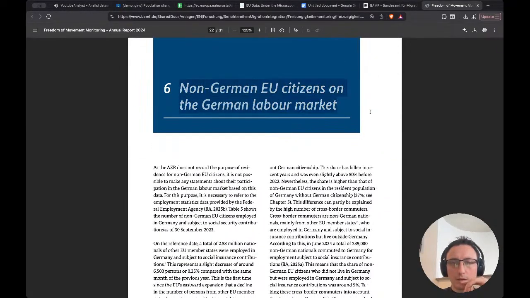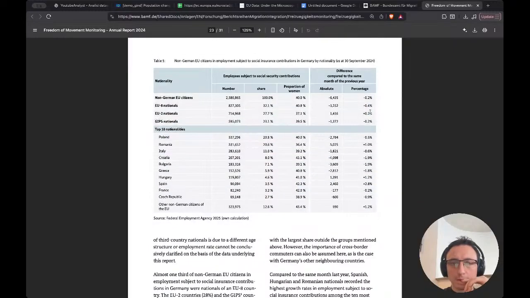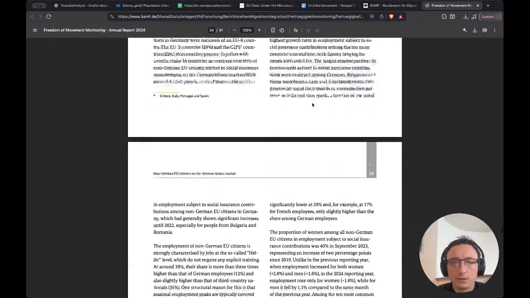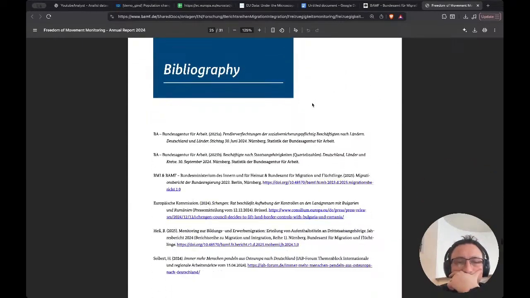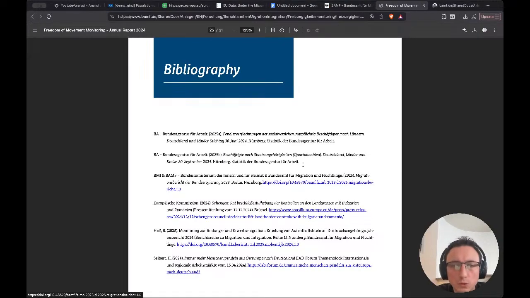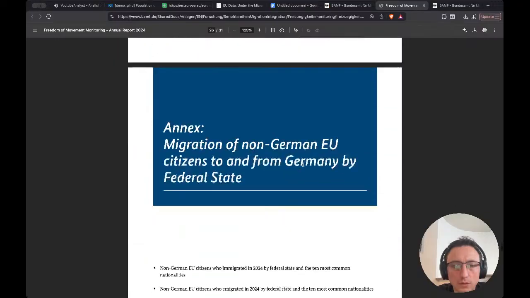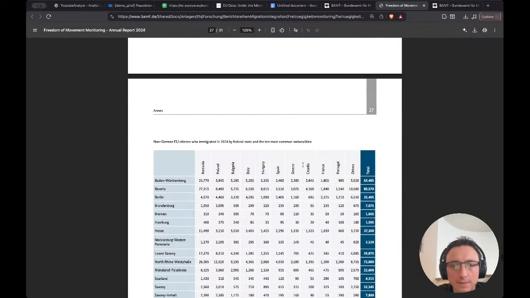This one is interesting. Wow. 2.5 million EU citizens receiving social security contribution. But do we have access to the data?